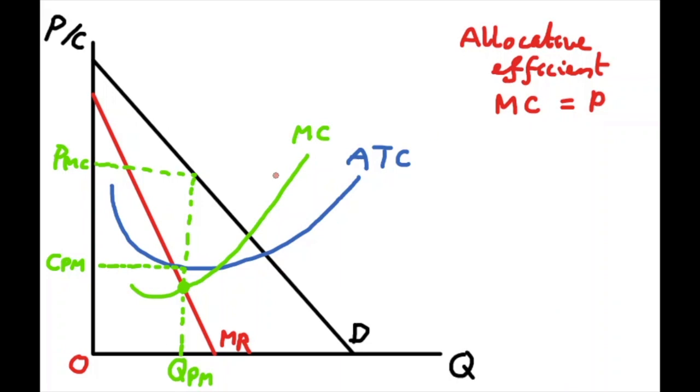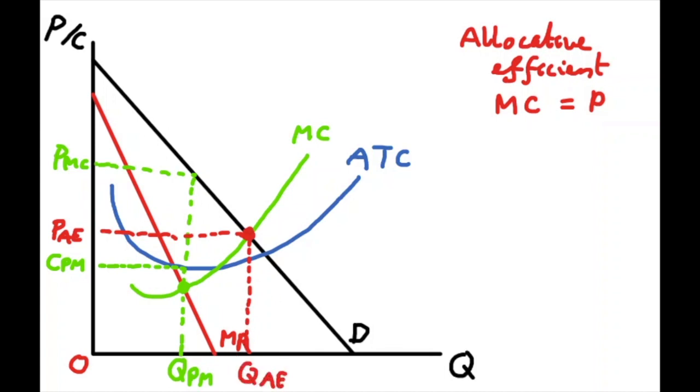So in our case over here, the marginal cost curve would cut the demand curve over at this point. And if we brought our line straight across, this would be allocative efficiency for our firm. It would be a price that is allocatively efficient, and this would be the quantity, if we bring it straight down, that would be allocatively efficient as well.